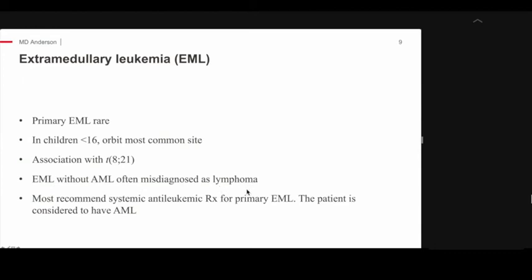We have to be careful with this entity in this scenario. And most institutions usually treat these patients with anti-leukemic therapy, and the patient is deemed to have AML, even though the patient does not have any bone marrow involvement.